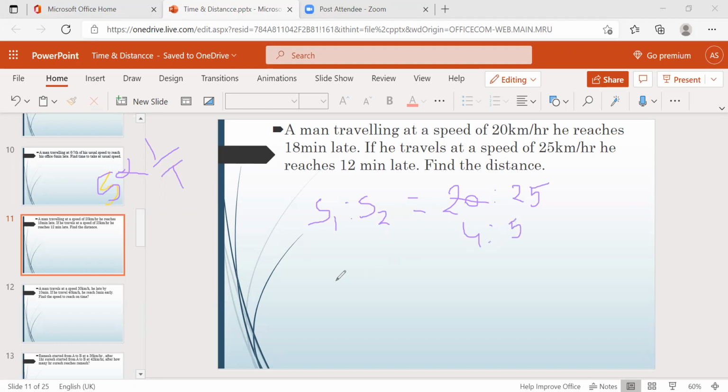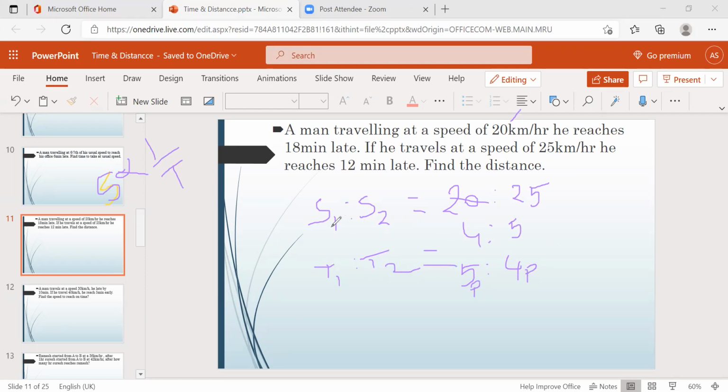We know speed is inversely proportional to time, so time 1 and time 2 is the inverse, 5 is to 4. That means if he travels at 20 kilometers speed, he will take 5 parts of time, and at 25 kilometers speed, he will take 4 parts of time.